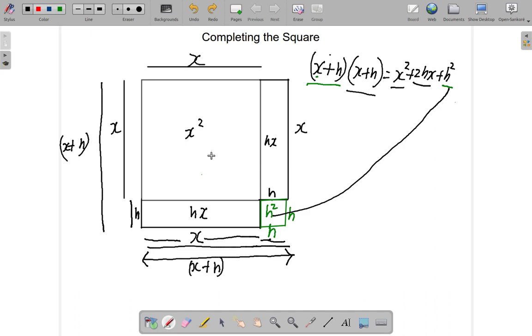The coefficient of x is whatever multiplies x. What multiplies x was 2h. Half of 2h is the same as dividing by 2, so 2 cancels 2. So what you add here was h, half the coefficient of x, which is h, and then you square it.